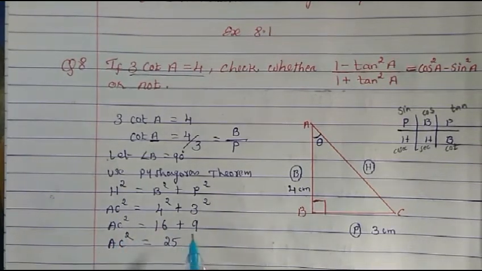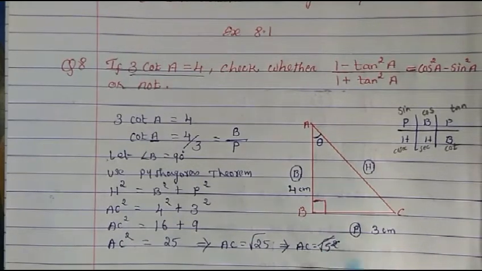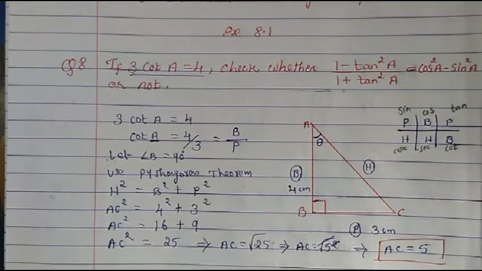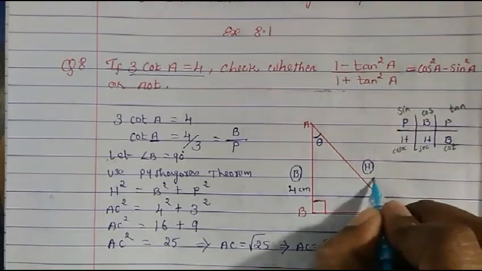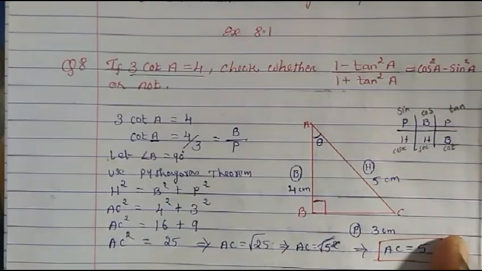When square goes to this side, AC equals under root 25, which is under root 5 square. 5 square is 25, so the root gets cancelled. That means AC is equal to 5. So hypotenuse is 5 centimeter, and now we know all 3 sides.